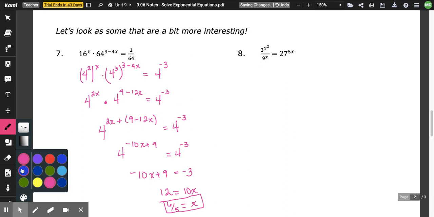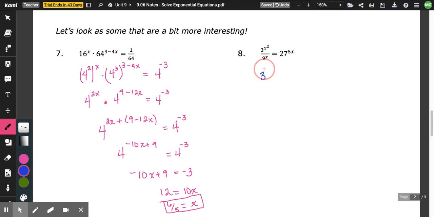Alrighty, let's do one more like that. So this time, my bases are 3, 9, and 27. So the relationship between those would be they are all powers of 3.